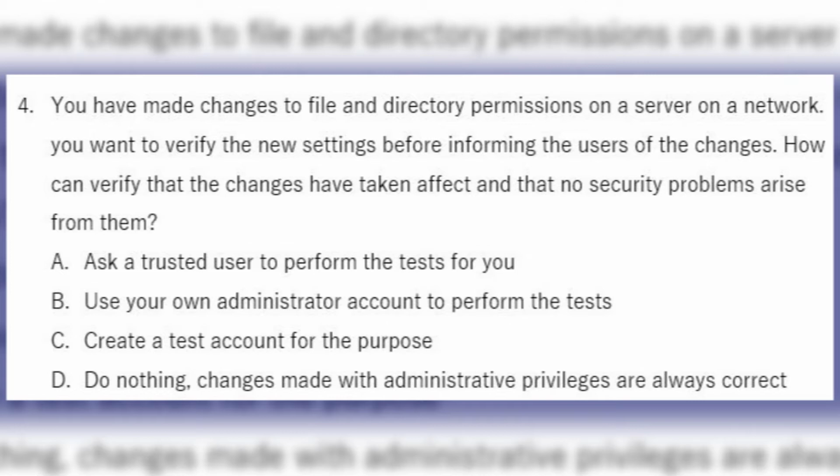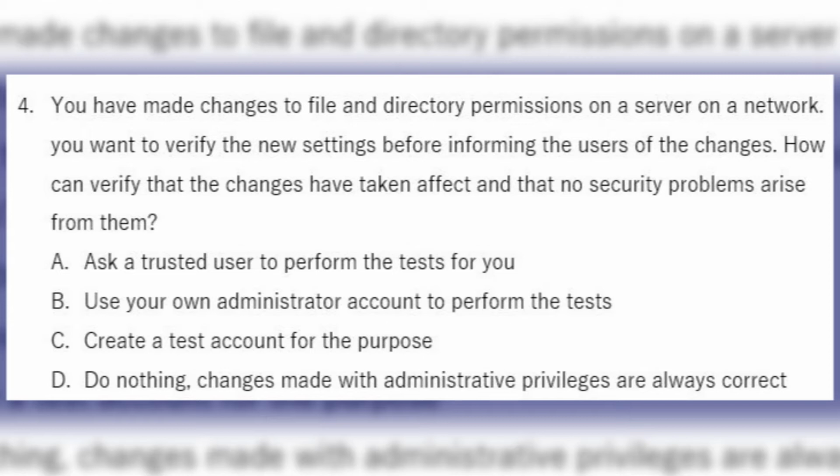Question number 4. You have made changes to file and directory permissions on a server or a network. You want to verify the new settings before informing the users of the changes. How can you verify that the changes have taken effect and that no security problems arise from them?